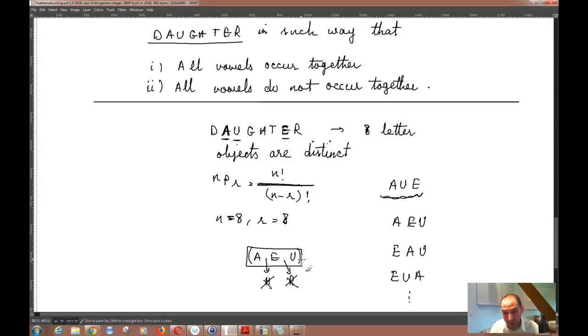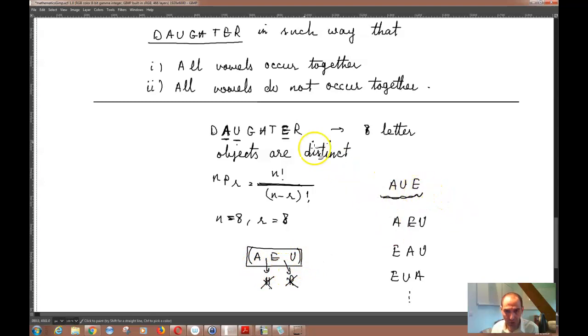And of course it's important that I calculate the permutations of all such arrangements, taking into consideration all the different permutations of these 3 letters as well.